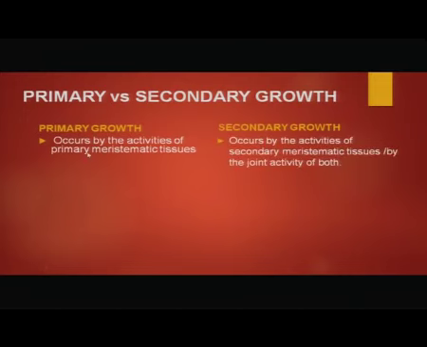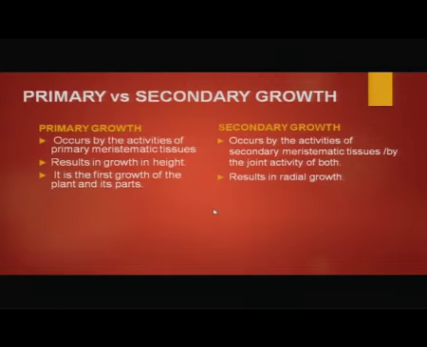As I had just said, primary growth is because of the activity of primary meristematic tissue, while secondary growth includes the activity of only secondary meristematic tissue or the joint activity of both primary and secondary as well. Primary growth increases the height of the plant, whereas secondary growth increases the girth of the plant. So, it results in radial growth.